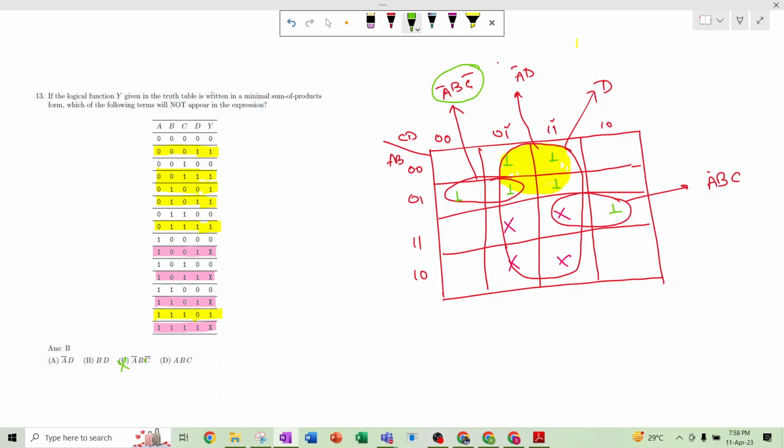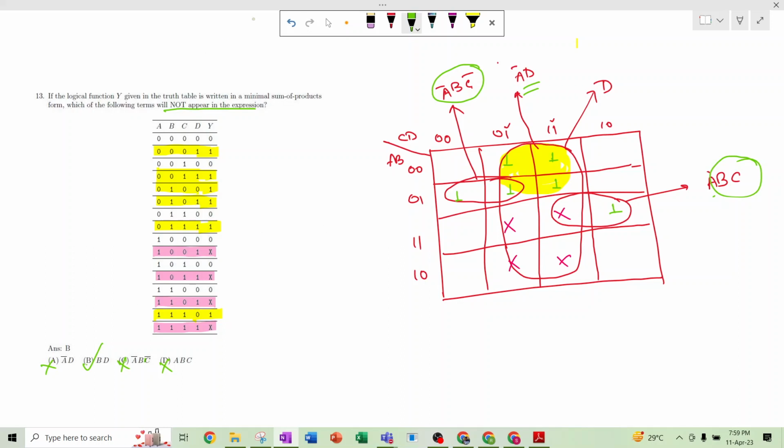The question is what does not appear in the expression. So a bar b c bar will appear. Then abc will also appear, so it will not be the answer. Then a bar d will also appear. The correct answer will be b d, that will not appear in the answer.